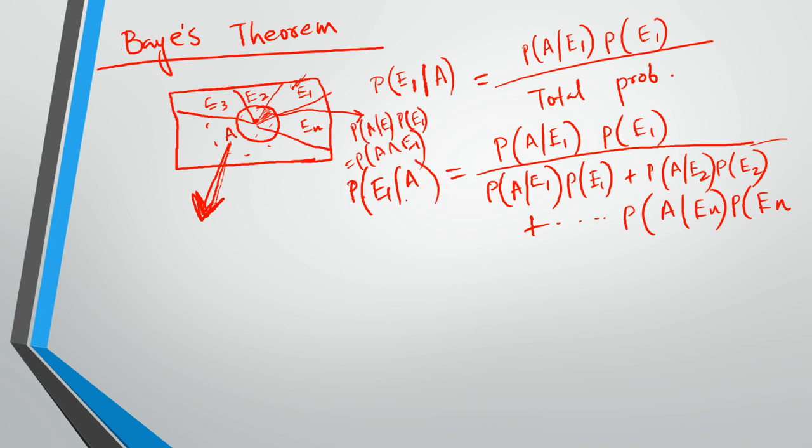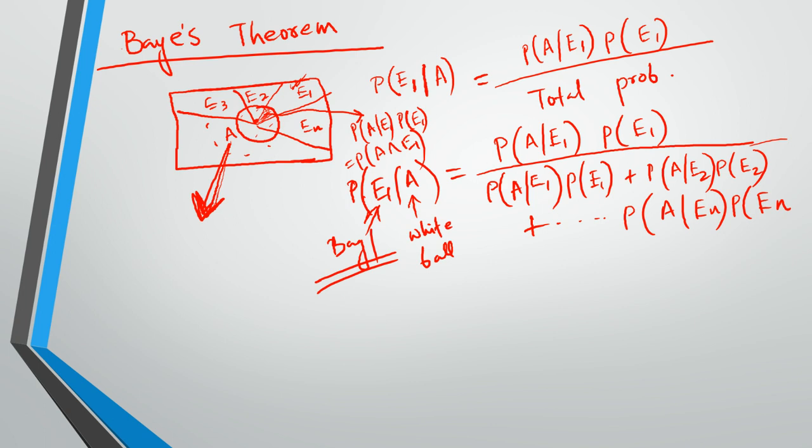Given A, if it's a white ball, what's the probability that it is drawn from bag 1? Let's consider this as a white ball. That is what we are saying from here.